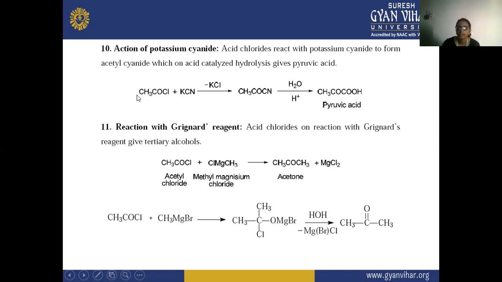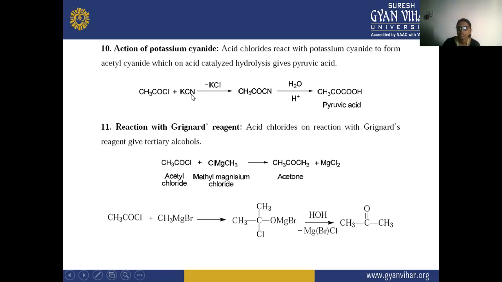So in CH3COCl plus KCN, what happens in this reaction? There is a dissociation. CH3CO will get the partial positive charge and Cl will get the partial negative charge, and in KCN, K will get the partial positive charge and CN the partial negative charge.